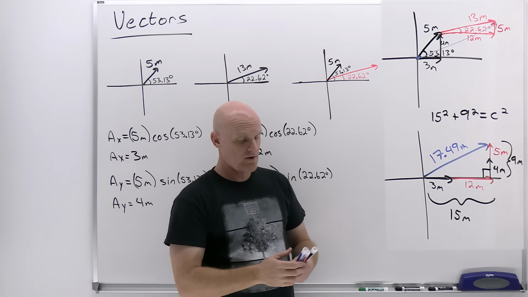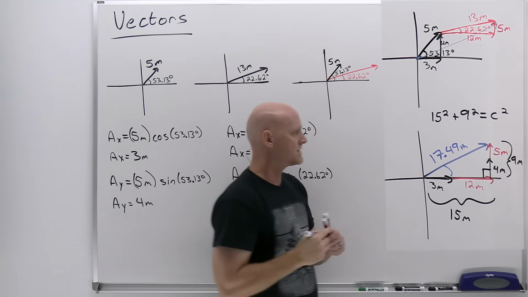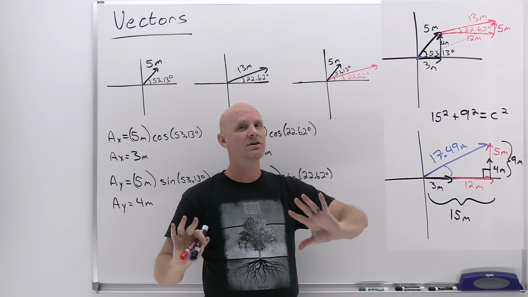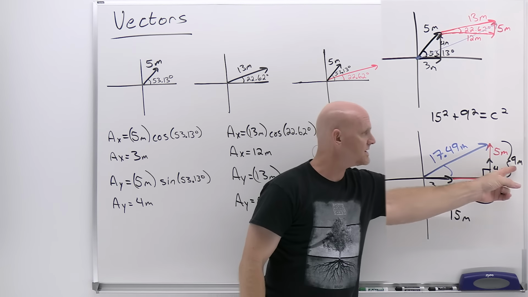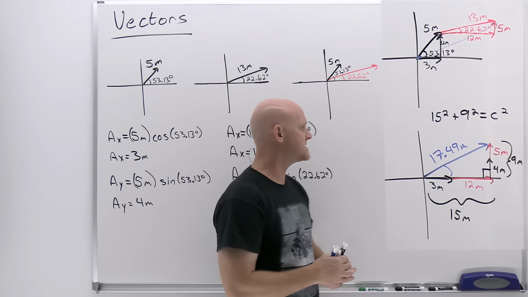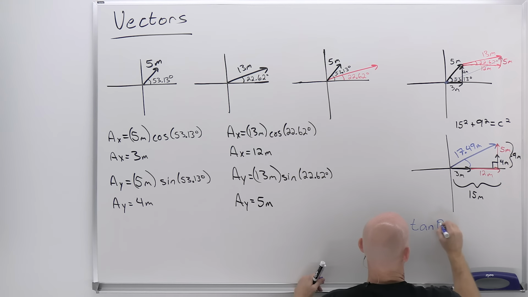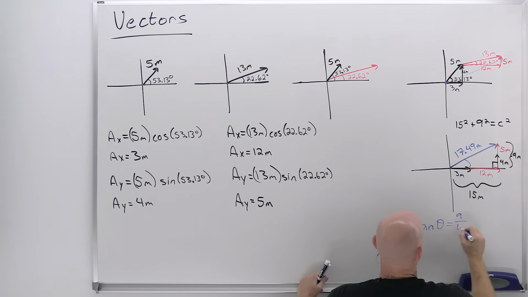All right, and then we need an angle. And our angle here is again with respect to the positive x-axis. And so we've got a couple different ways we can go about it now that we also know the hypotenuse, but the classic way is just, if you've got the components, 15 and 9, just use that inverse tangent identity and be done with it. So in this case, we're going to have tangent theta equals opposite over adjacent, so 9 over 15.